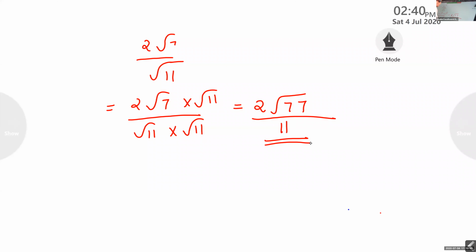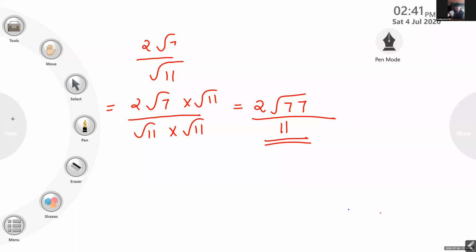Okay? Yes, ma'am. So it will become 2 root 77 by 11. Why? Root 77's root is? 77 can be divided by 11, no?